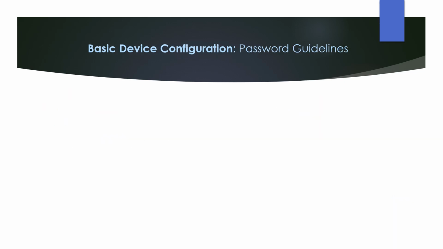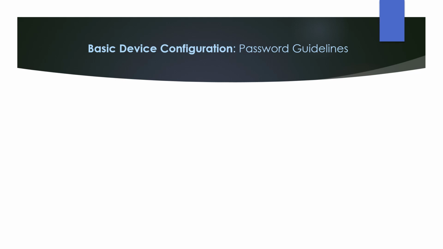So let's go through the passwords. Remember that using a weak or easily guessed password will continue to be the biggest security concern of organizations. Network devices, including home wireless routers, should always have passwords configured to limit administrative access.